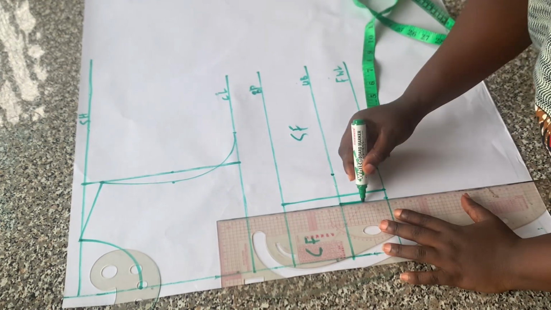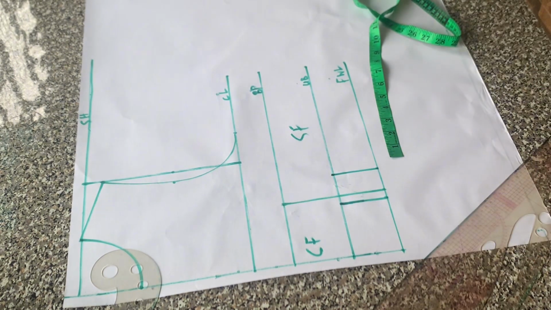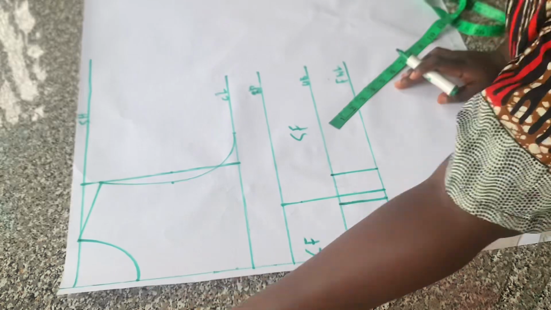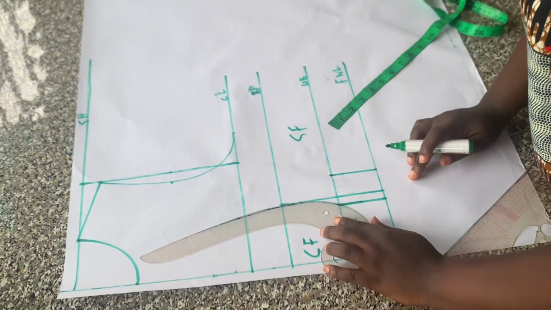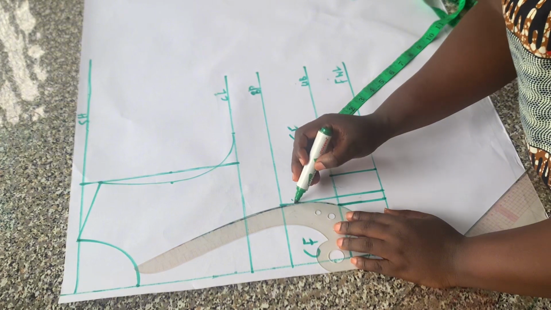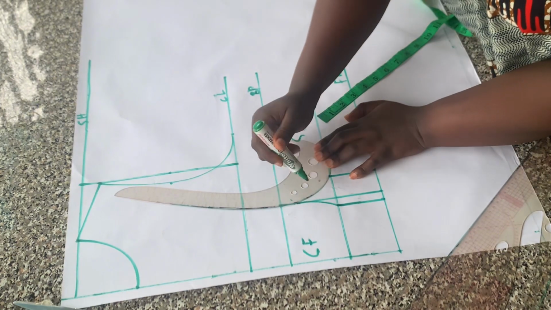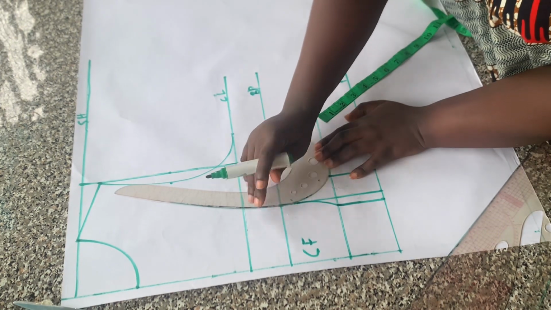You can make use of 2 inches if you're on a bigger size. Then I connected the dots into a straight line. Then with my curve, I connected the bust points to the under bust like so. I did the same thing to the other side also.